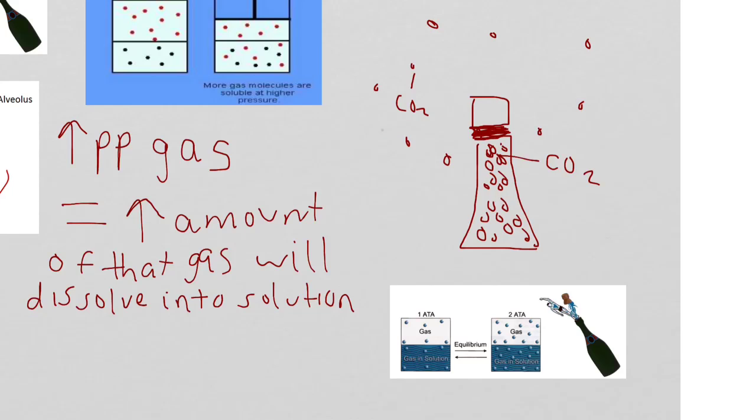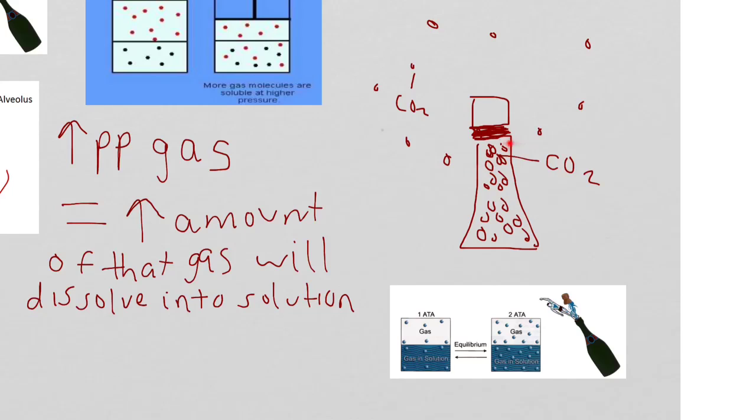But if I shake it, I increase the pressure. So I have all this CO2 rising to the top of this bottle, but I have a cork, or I have the cap on the bottle. So it can't escape, but it wants to. The CO2 wants to be equal to the CO2 in the atmosphere, but it can't. It's closed off.